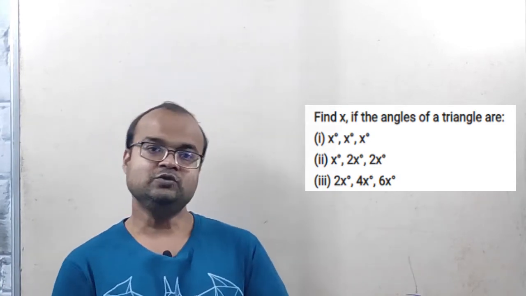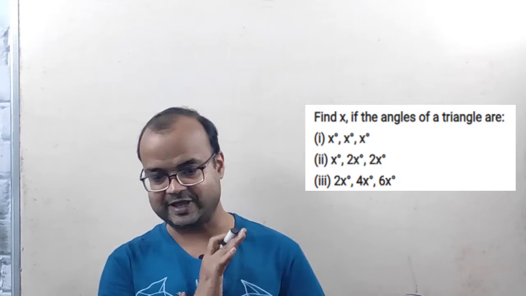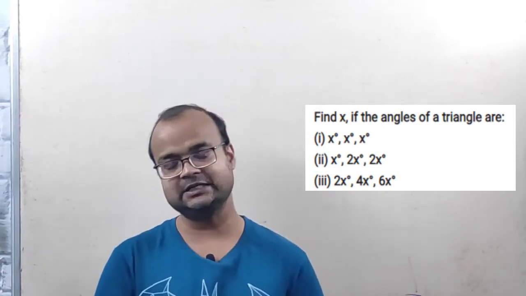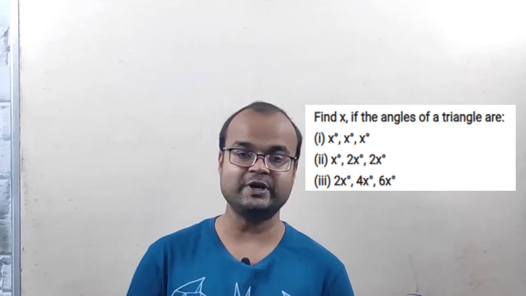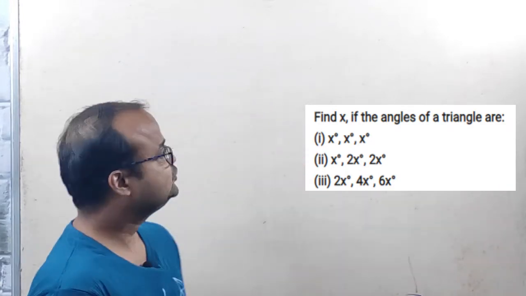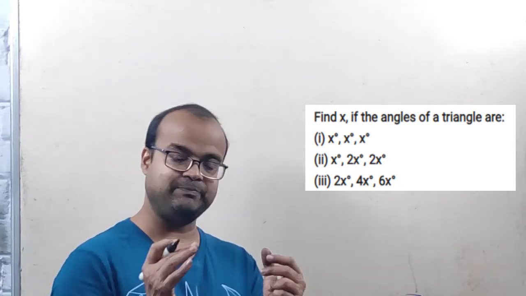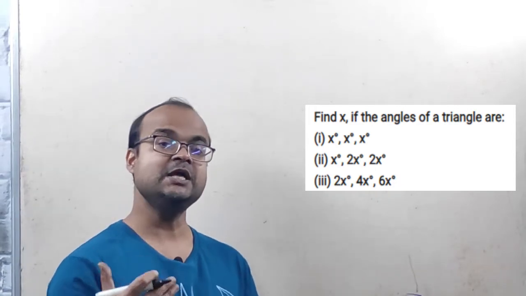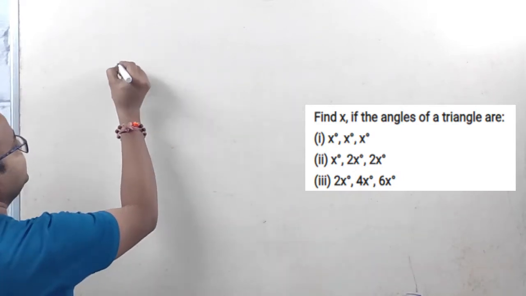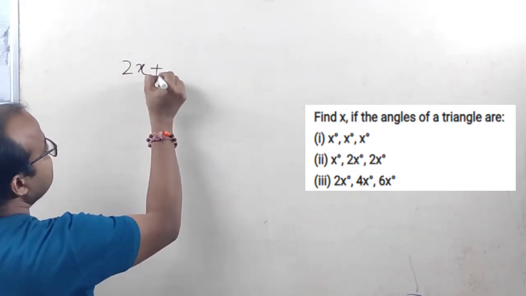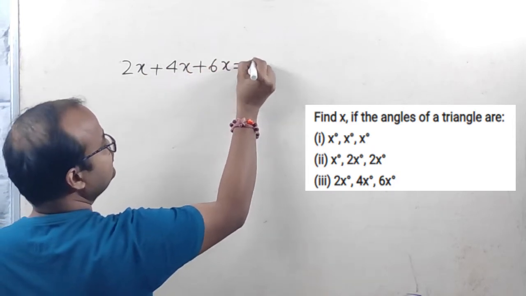Clear? Now, in the next problem, we need to find the value of x or all the angles if the angles are given as 2x, 4x and 6x. As we solved the last two problems, we are going to apply the same concept, that means the angle sum property of a triangle. So we write 2x plus 4x plus 6x equals 180 degrees.